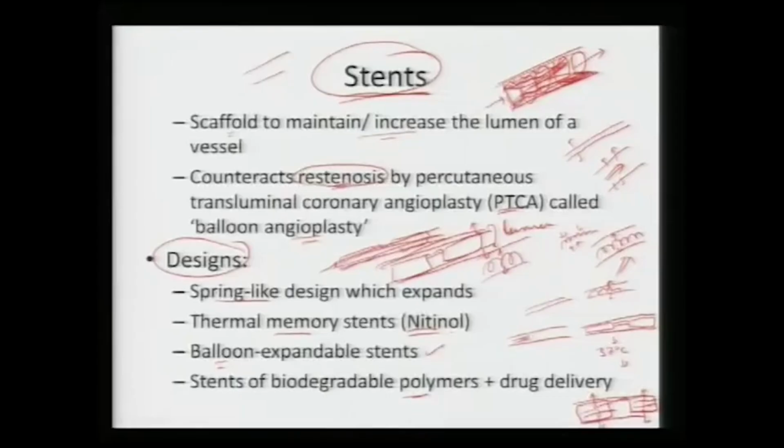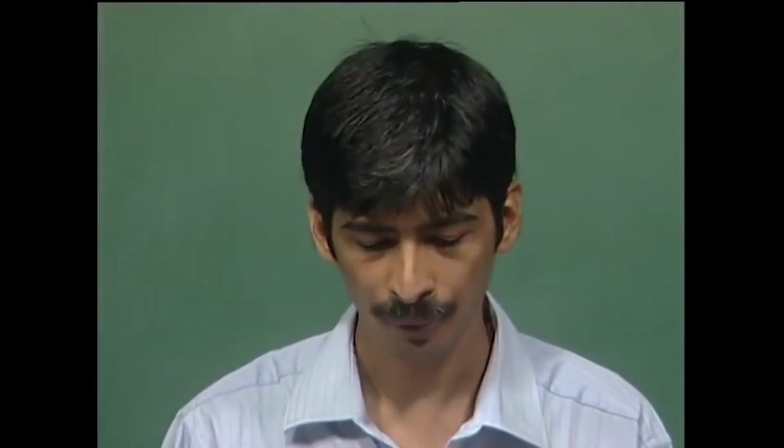And it can also be a balloon expandable stent. In that particular case, we have a balloon which has a stent over it, and as soon as we pass the gas or air into that balloon, it increases in diameter, and in the process it also increases the diameter of the stent, which remains there for a longer time, and in the process it has increased the lumen of the vessel.